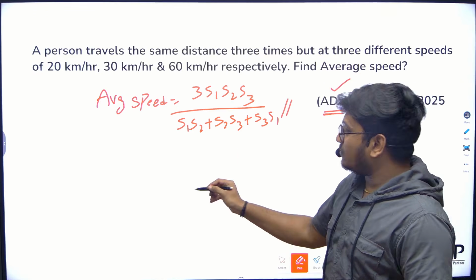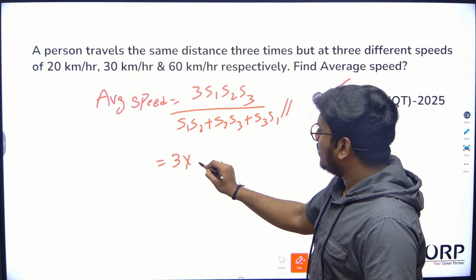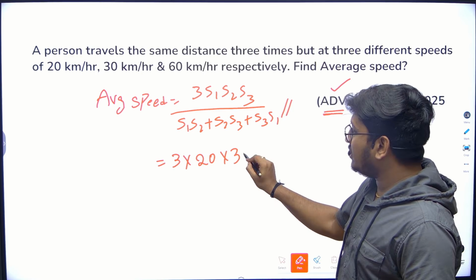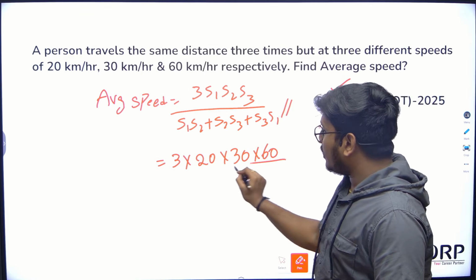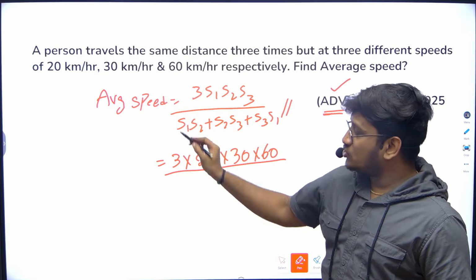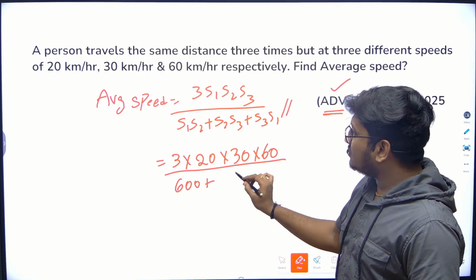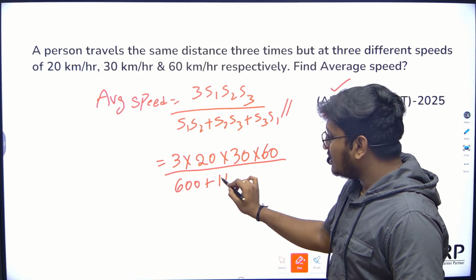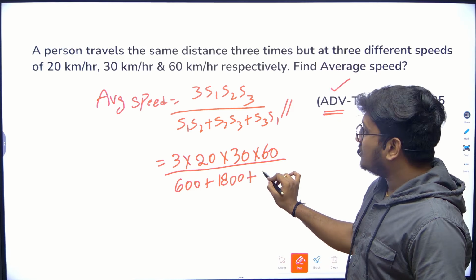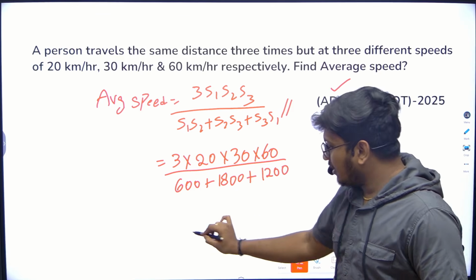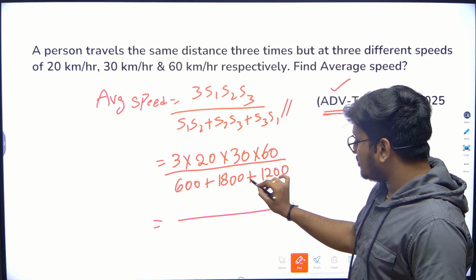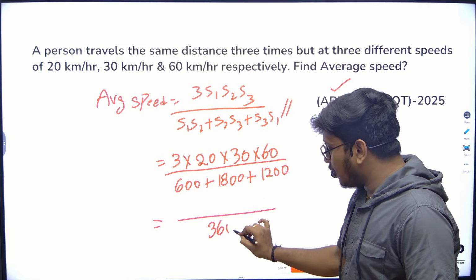Okay, let me substitute the values. So 3 into 20 into 30 into 60, divided by s1 s2, so 20 into 30 is 600, plus s2 s3, 30 into 60 is 1800, plus 1200. If you substitute the values here, this is 3600 in the denominator.